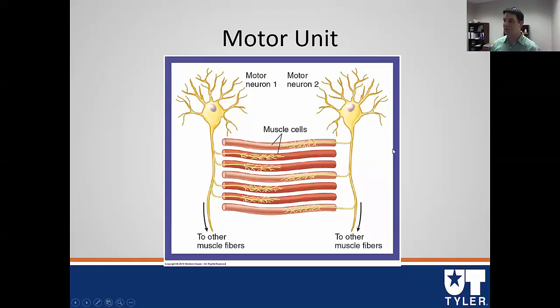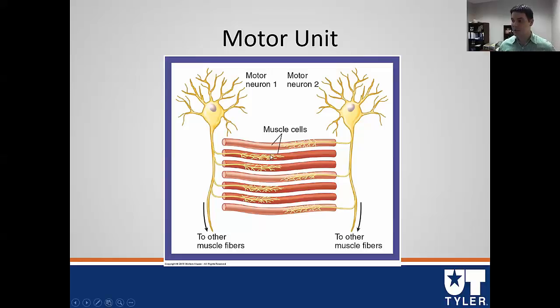And I think one of the nice things the textbook did, and I think they did it on purpose, is that they have different colored muscle cells. If you look, this one is whiter and this one is red. If we remember back to last chapter when we talked about muscle fiber types, red means type 1, whereas a whiter muscle fiber would be a type 2.